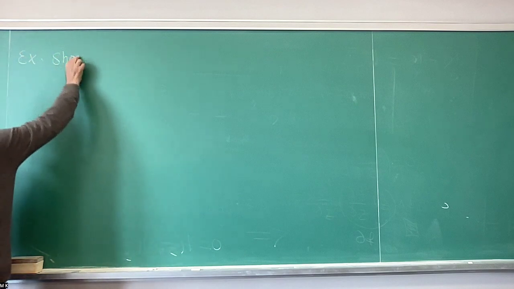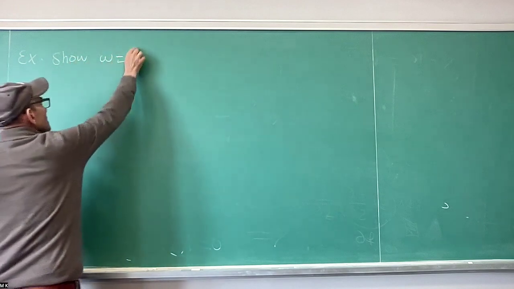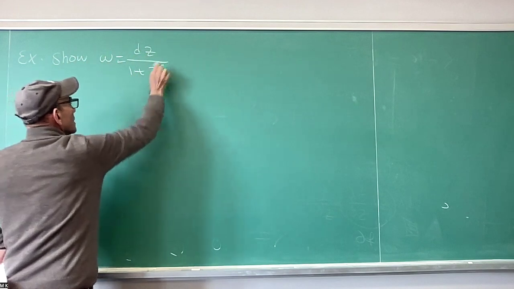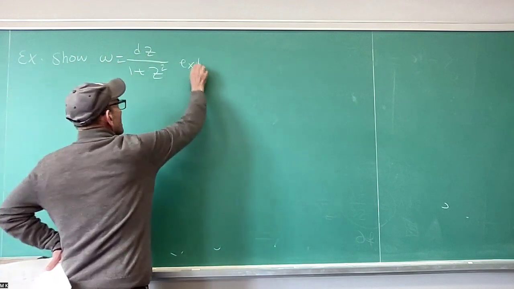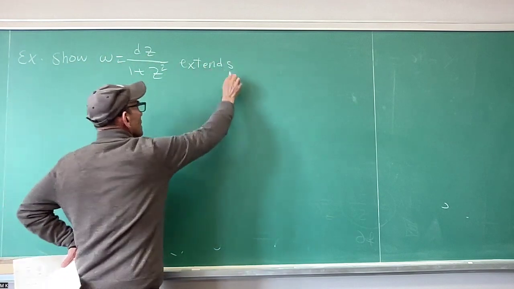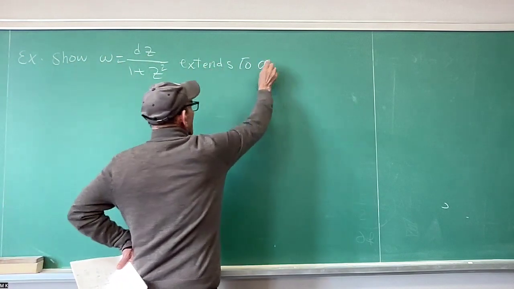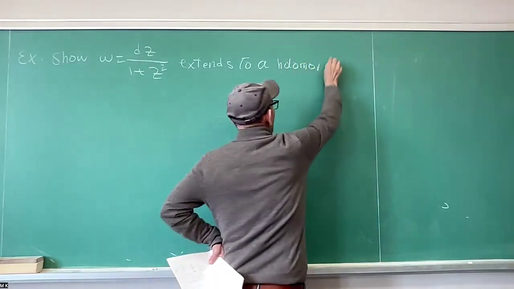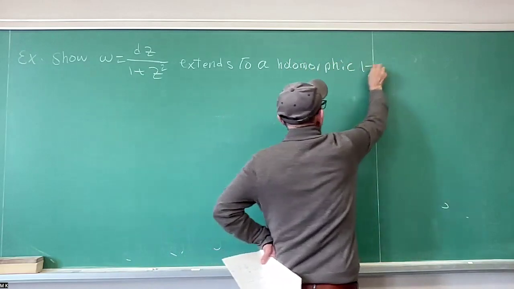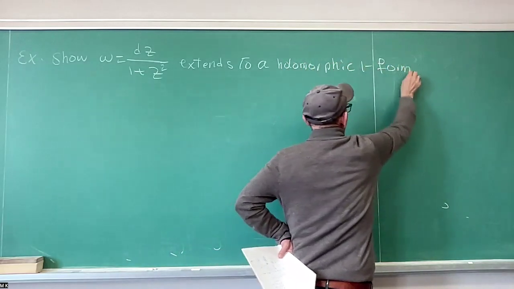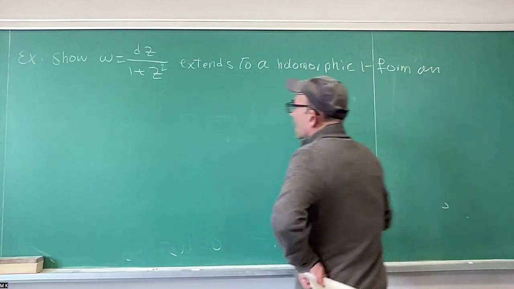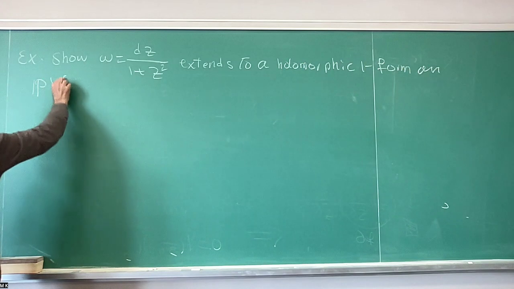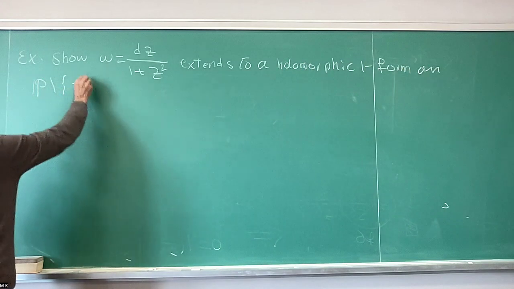Show that omega equal to dz over 1 plus z squared extends to a holomorphic one form on projective line minus these 2 points plus minus i.